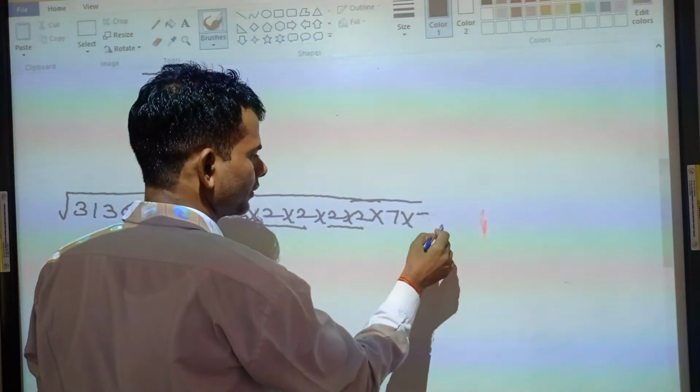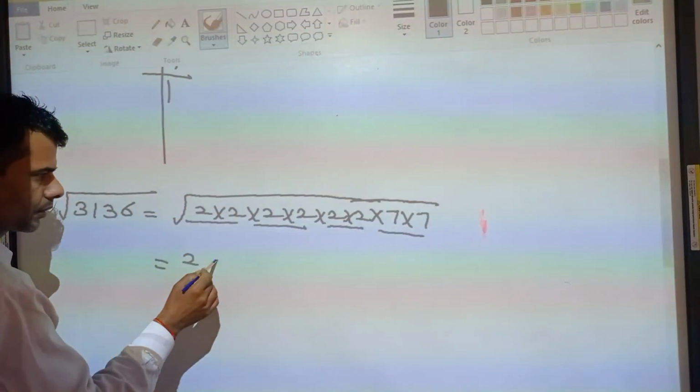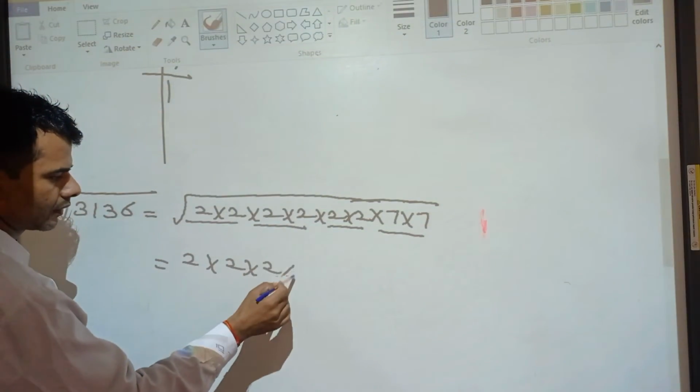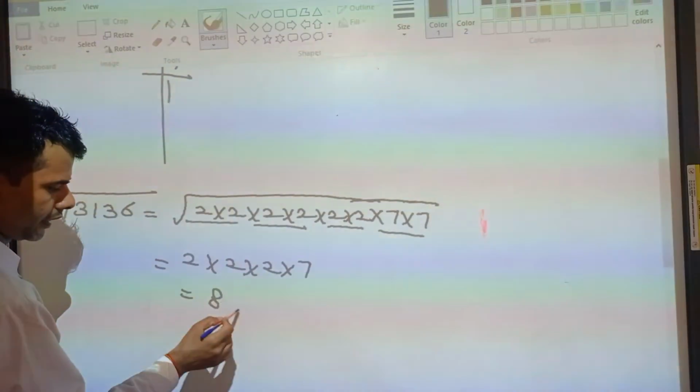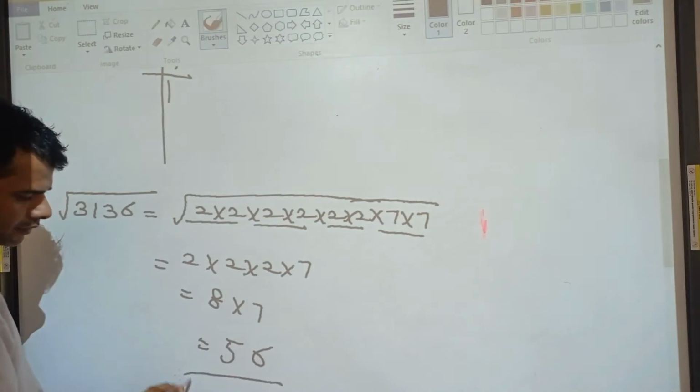Now it becomes 2 into 2 into 2 into 7, that is 8 into 7, that is 56.